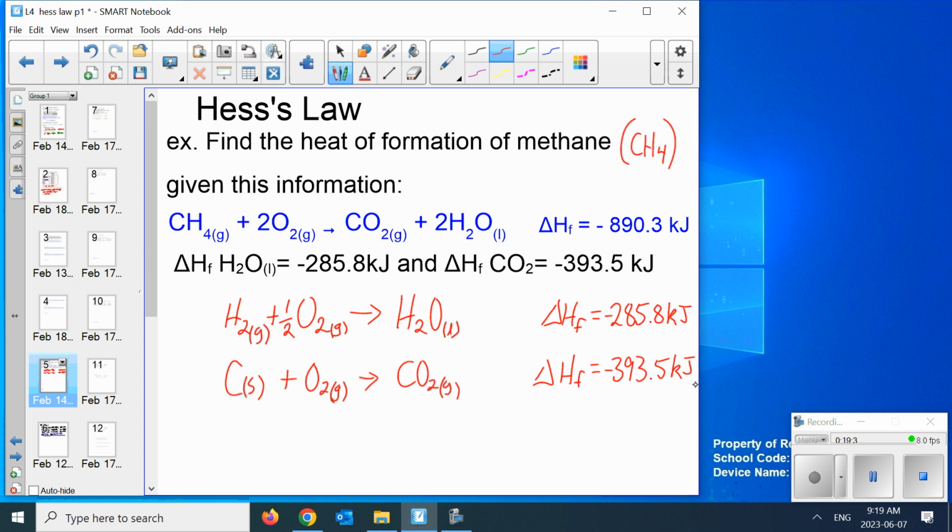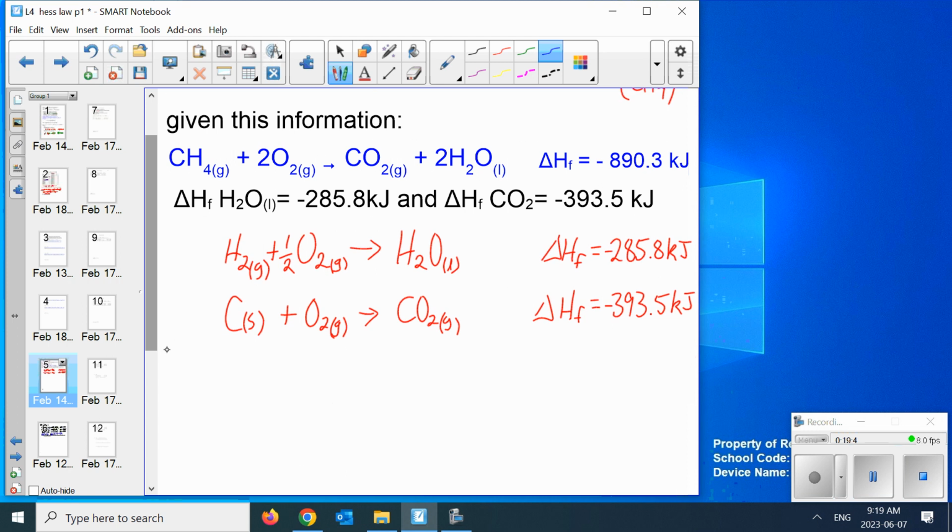And I was given this information here. The blue stuff, I'm going to write that out again just so it's all in one chunk. I'll write it in red just because that's the color I've been doing.